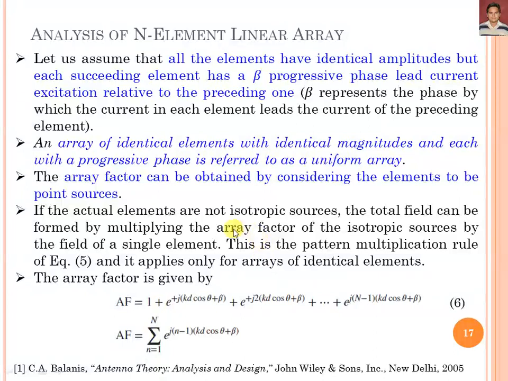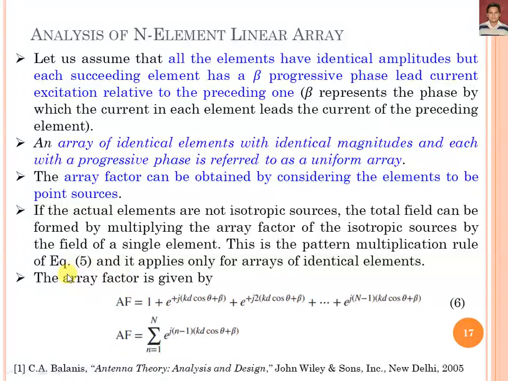This can be achieved by using the pattern multiplication rule, which we discussed in lecture 1 of the antenna array series, where we gave the theorem in equation 5. We will further discuss the total field radiated by non-isotropic sources later.